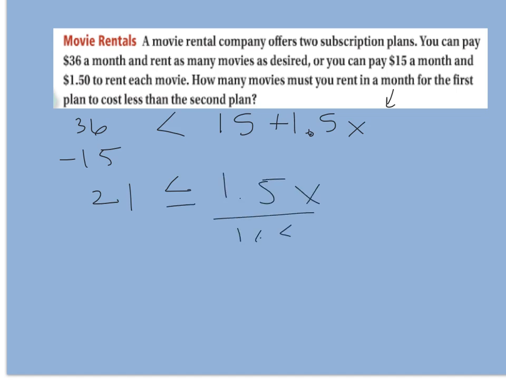Divide by 1.5, and you would get 14 is less than x. That means I have to rent at least 14 movies in order for that to be correct.